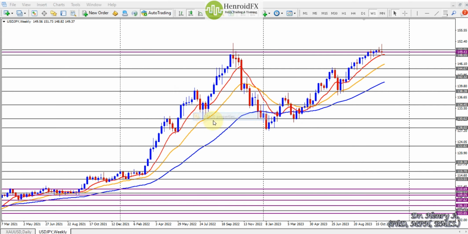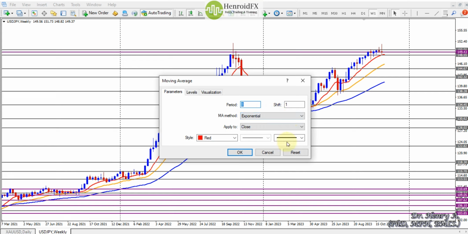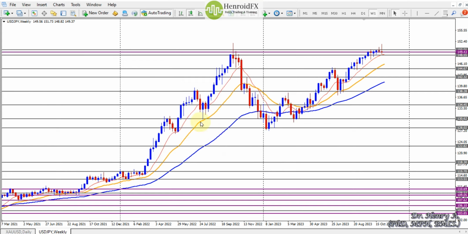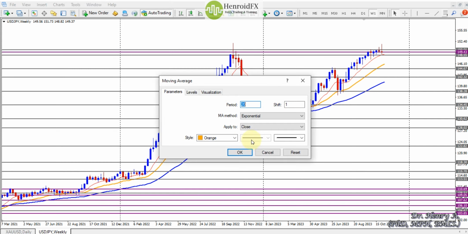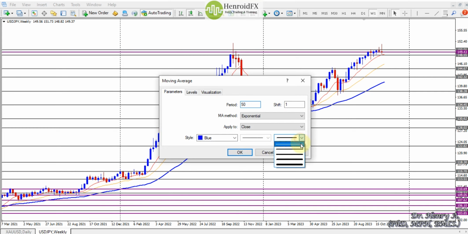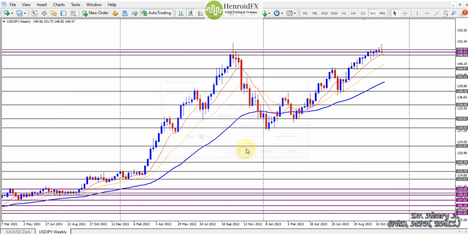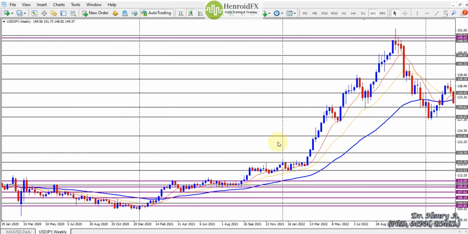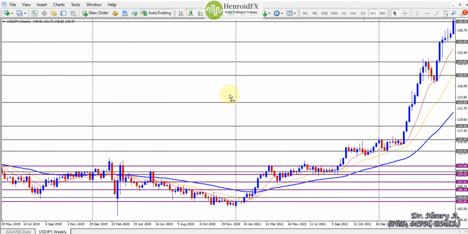Now make the lines faint by reducing the thickness of it, just like this. Remember, we have first of all taken care of our resistance and support levels. Now the 50 EMA, leave it the same way it is, because it will help you know the overall trend.